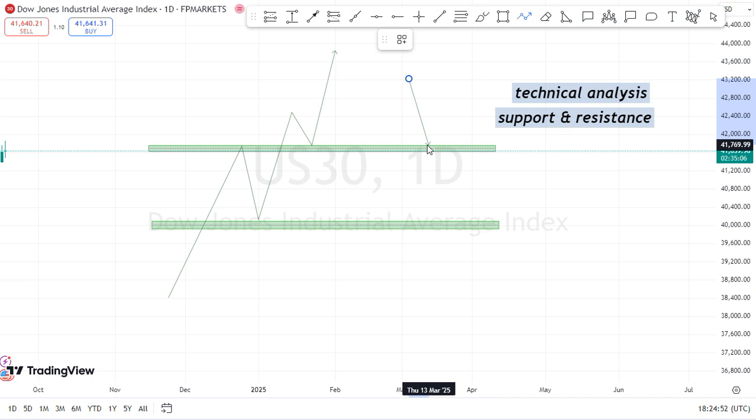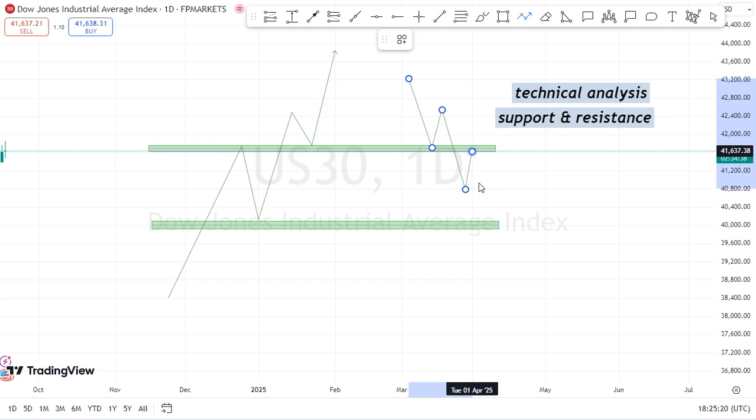But then if we break this resistance here, and then we come to retest it like this, now this resistance is no more a resistance. Now it becomes a support because we are on a downtrend.